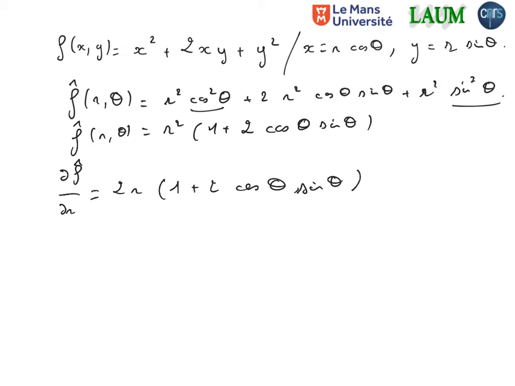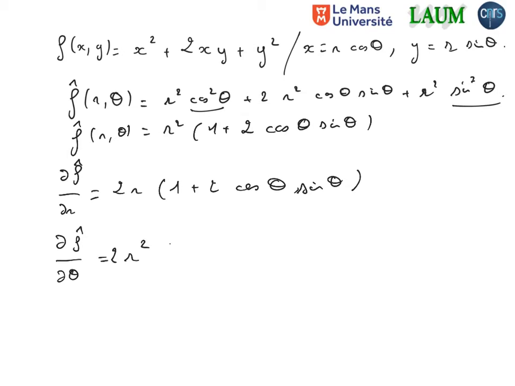And now for the partial derivative with respect to theta, this r squared is constant, and then I have to derive the function in the bracket. So this 1, when I derive, this is nothing. I have the 2 that can be put in factor, and then I just have to derive with respect to theta the product cosine theta times sine theta. So this is a product.